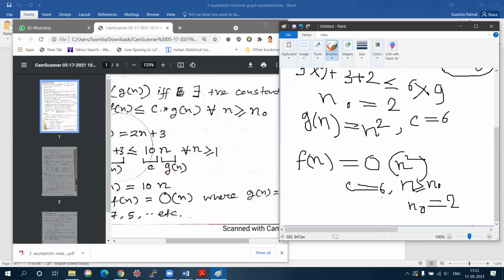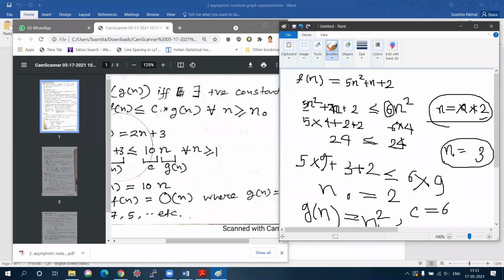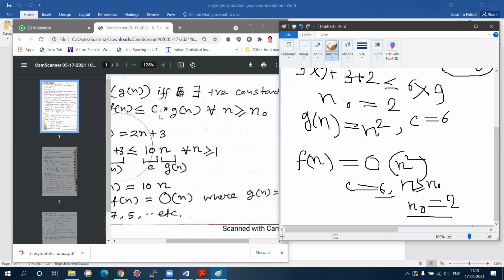For this constant value and this n0 value of 2, this inequality is satisfied: f(n) less than or equal to c into g(n), where c equals 6 and g(n) equals n square.